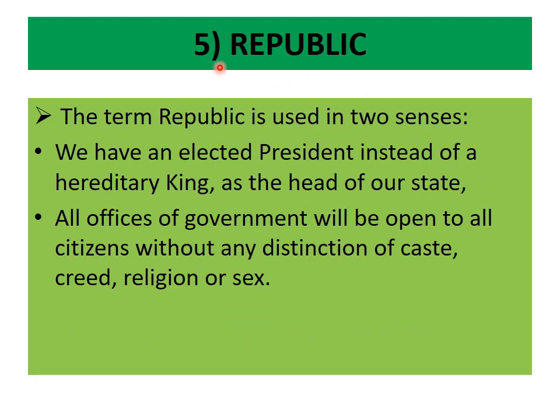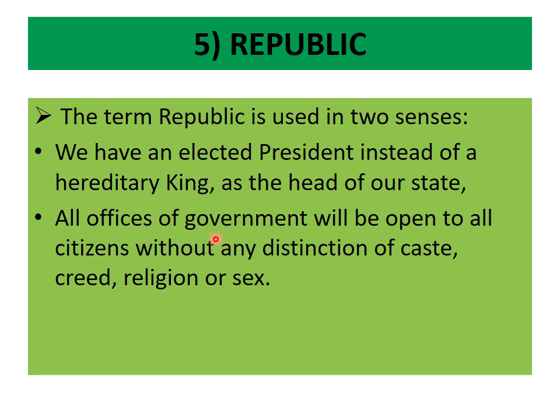The fifth point is the republic. Republic here is used in two senses. First of all, we have an elected president. You know that in the case of the United Kingdom there is a king, so it cannot be called a republic. Definitely it is called a monarchy. But what do we have? We have a republic, and our head of the state is the president, who is an elected person.